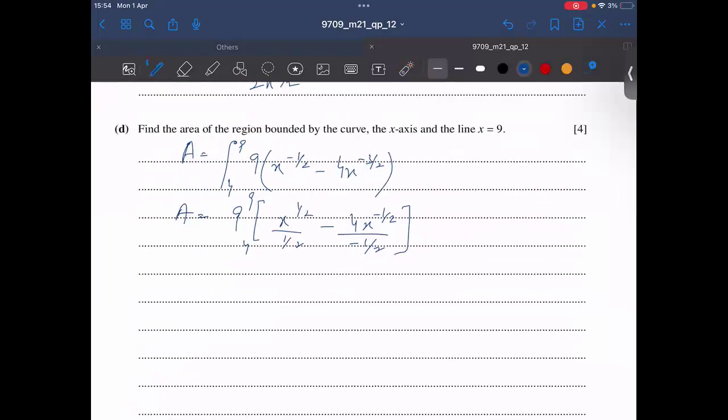It's going to be minus 3 over 2 plus 1 is going to be minus half, divided by minus half.